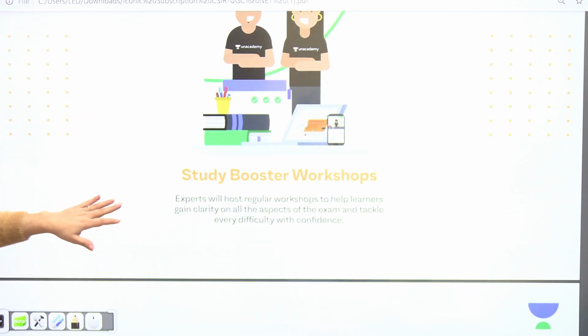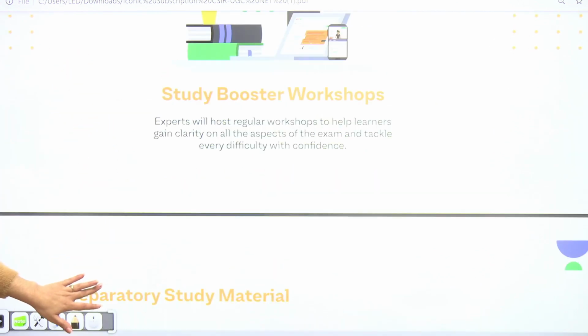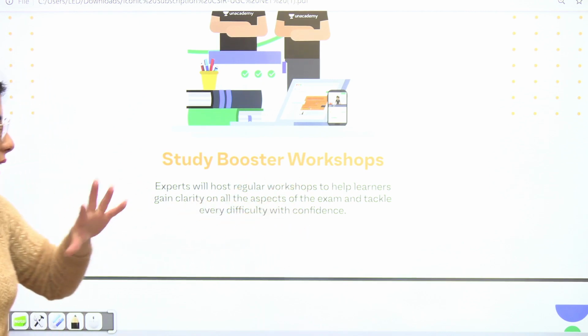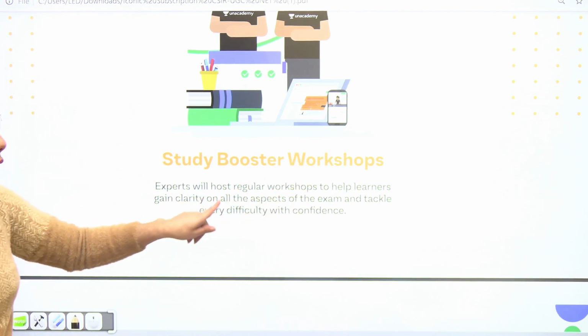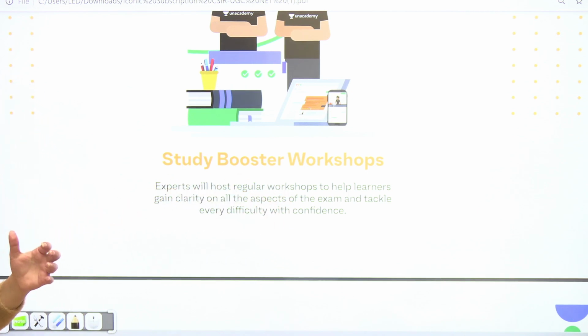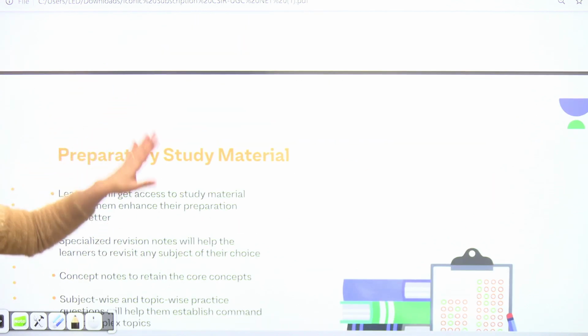And study booster workshops will be there. In the study booster workshops, experts will host regular workshops to help learners gain clarity on all the aspects of the exam and tackle every difficulty with confidence. Clear? And similarly, here are a few more things, that is preparatory study material.